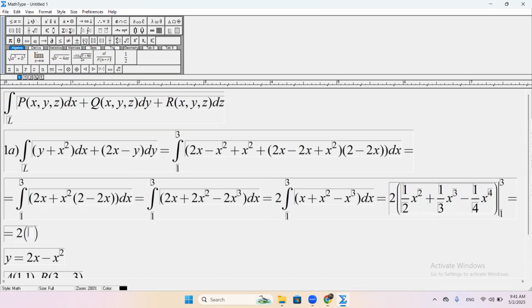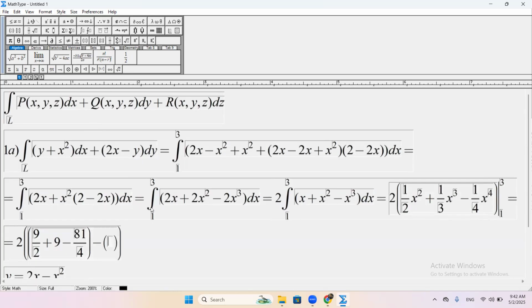When I substitute here, what I have is 9 over 2 plus 9 minus 81 over 4, and minus (1 over 2 plus 1 over 3 minus 1 over 4).